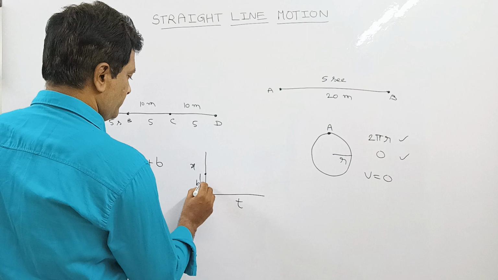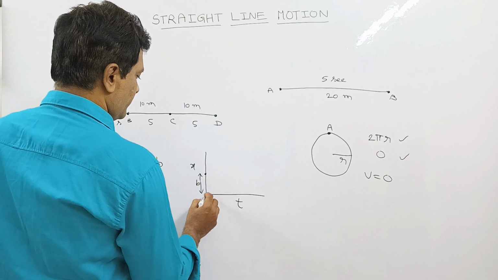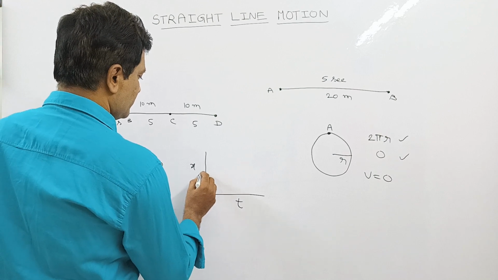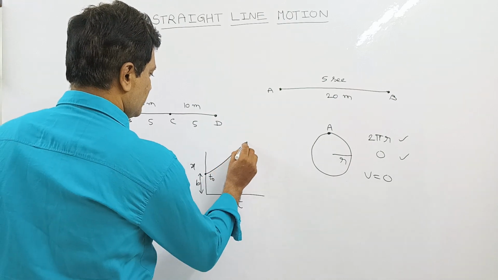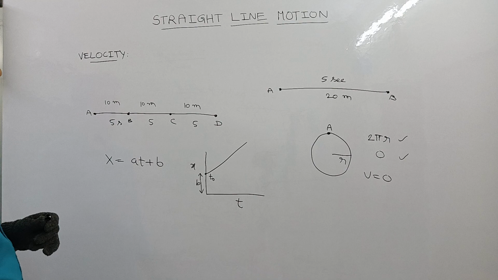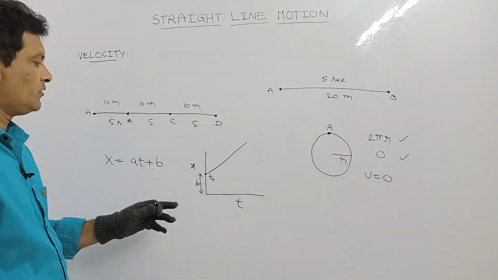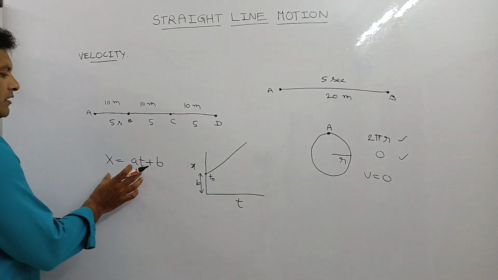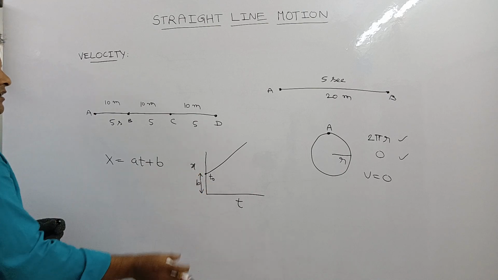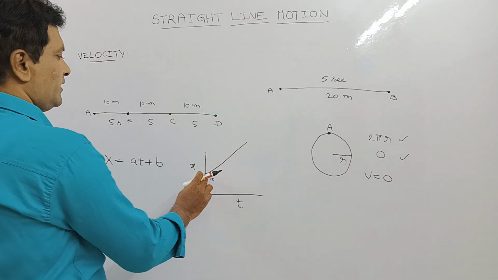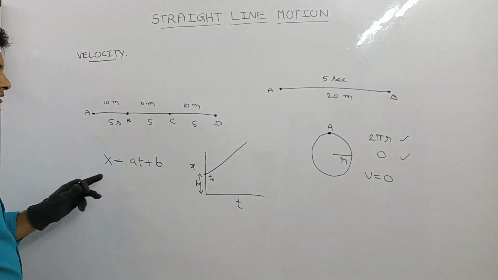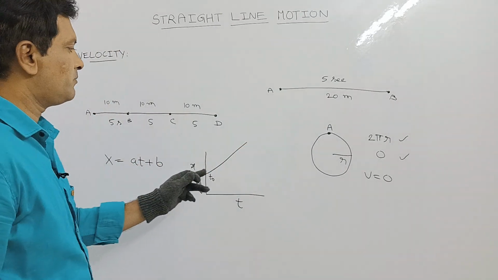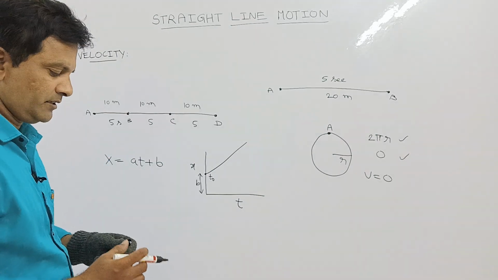This length is b, and here the time is t naught. The equation of motion will be like this. At time t equal to 0, the object has some initial distance and it is traveling in this path. With time increasing, the displacement is also increasing.